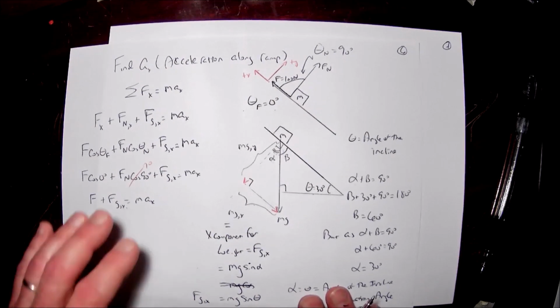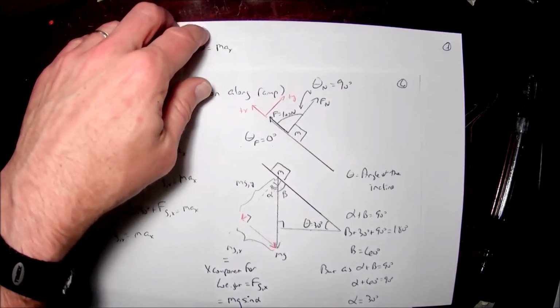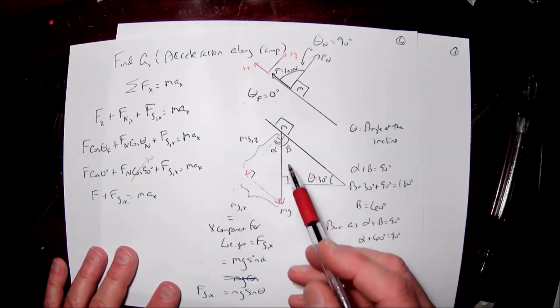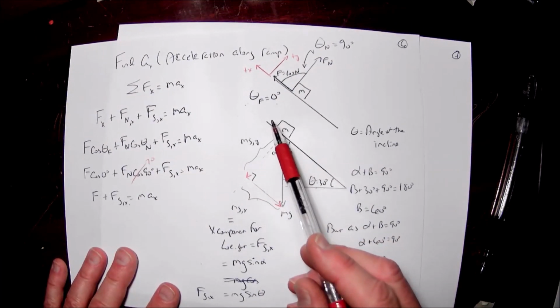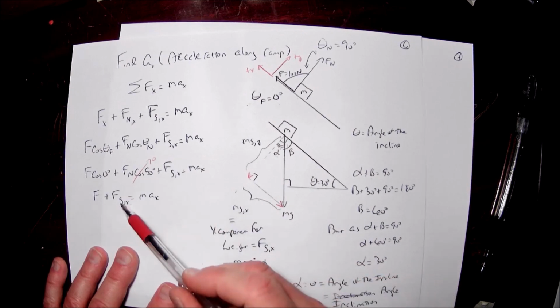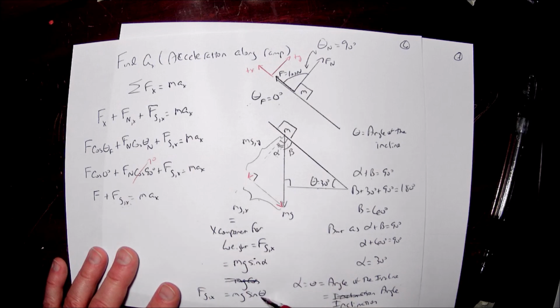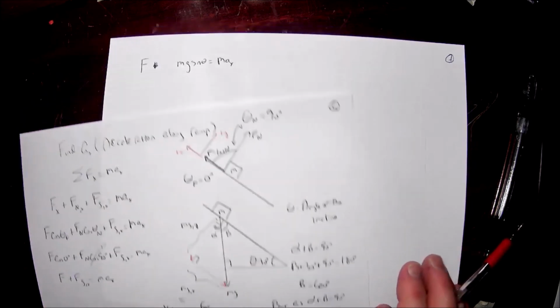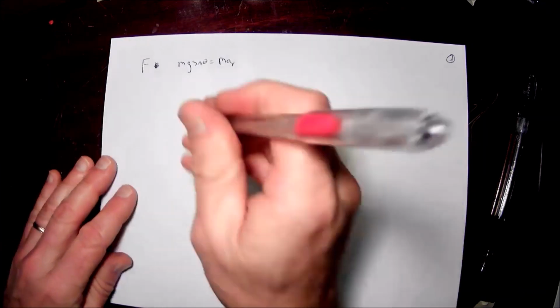So sine of any number between 0 and 90 is always going to be positive. So you have to ask yourself, do I need to insert a negative sign? And yes, I do. I need to put a negative sign in front of this component here, because if I use this angle theta, which is not measured relative to the positive x-axis, I had to say, you know what? I recognize the fact that it is negative.